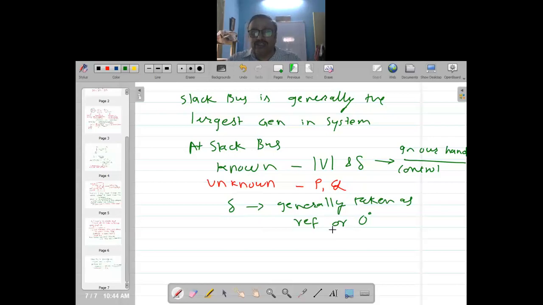So all the angles are measured with respect to the slack bus, and the slack bus angle is 0. If you notice the equations, it is always delta i minus delta k, the difference of deltas. So one reference we choose as 0 degrees, and the angles of the other buses are chosen with respect to that slack bus. So we will stop at this point.